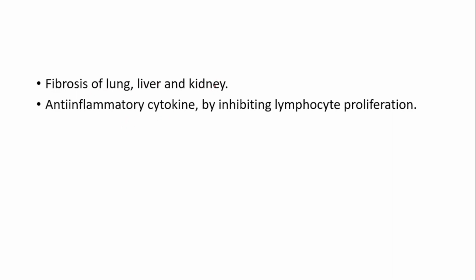That is, whenever there is chronic inflammation taking place in these organs, such as tuberculosis of the lung, cirrhosis of liver, or chronic kidney disease, then the fibrosis takes place by this TGF beta. It also acts as an anti-inflammatory cytokine, thereby limiting or terminating the inflammation, by inhibiting the lymphocyte proliferation at the site of injury.